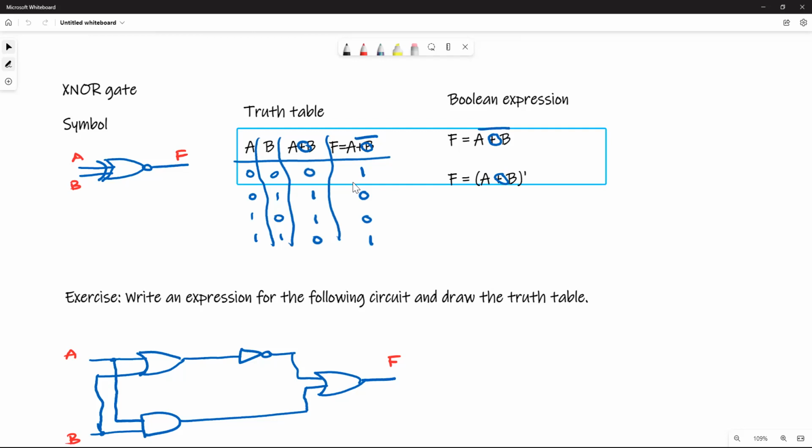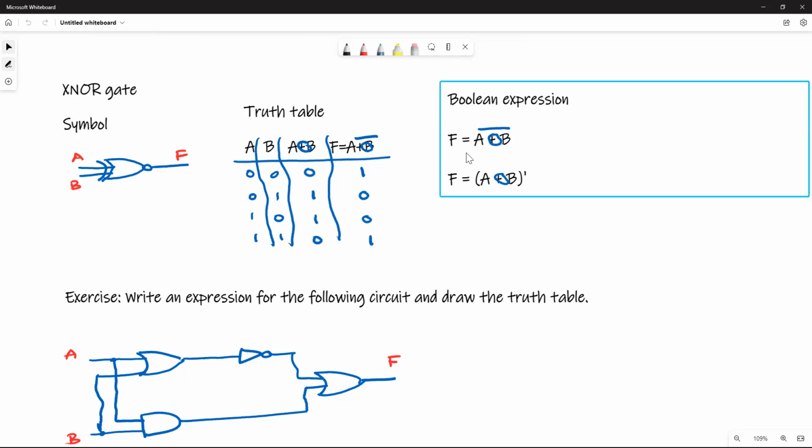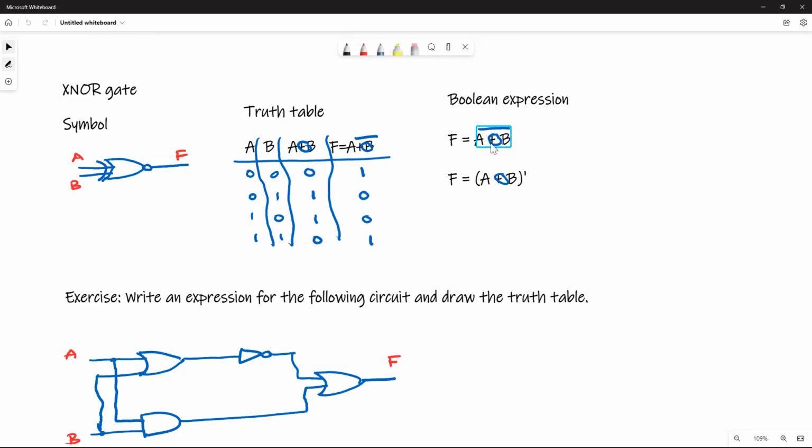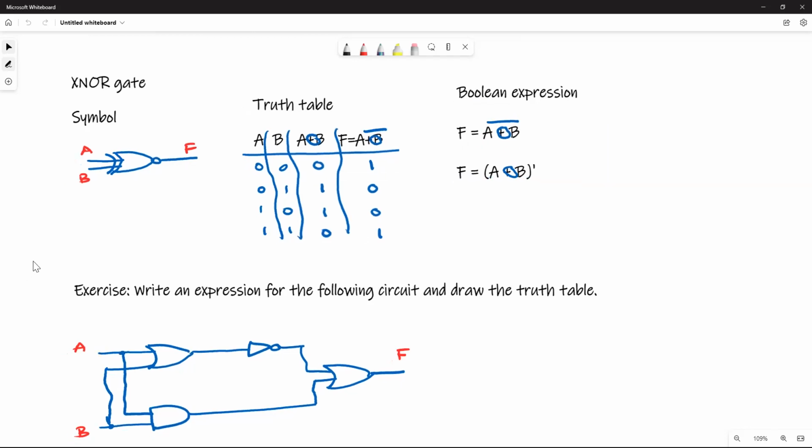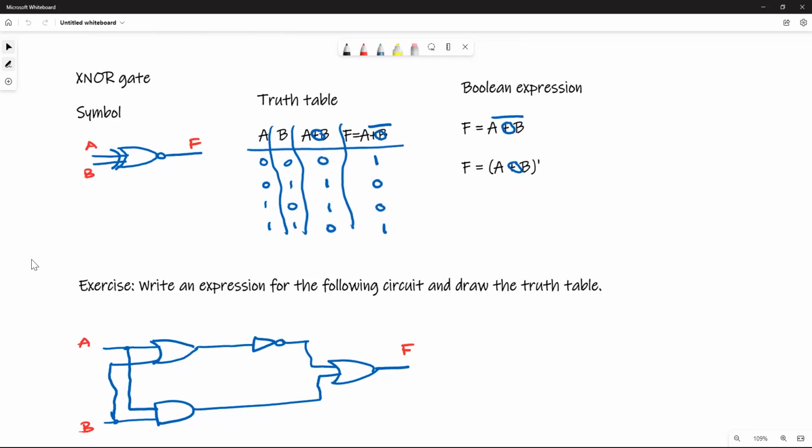So you can say if the inputs are both 0 or both 1, then the outcome is 1. The Boolean expression is F equals A plus with a circle B whole bar, which gives you the Boolean expression for the XNOR gate.